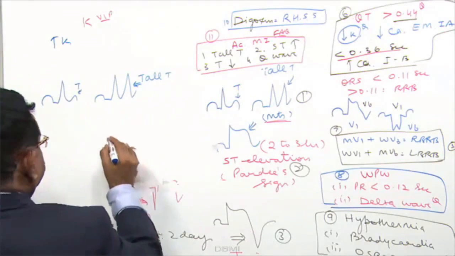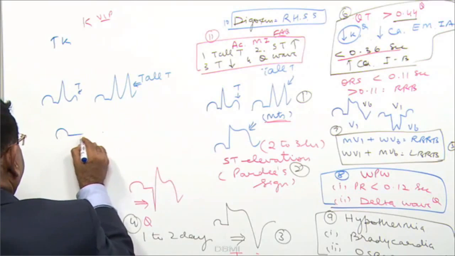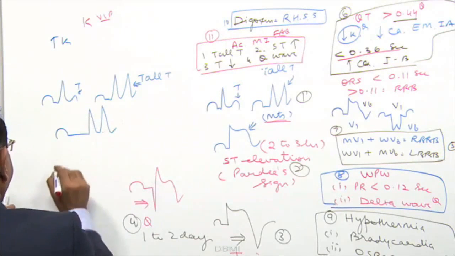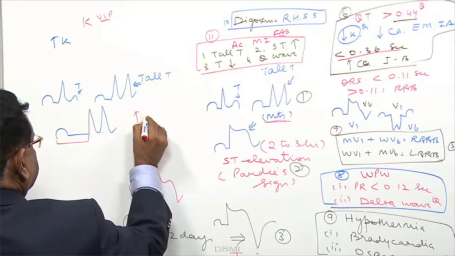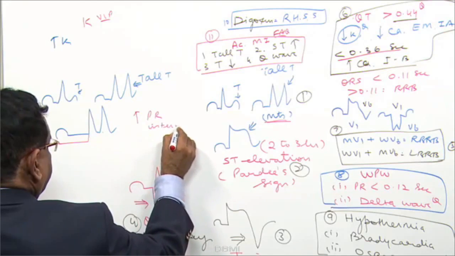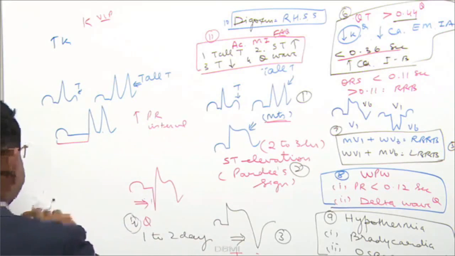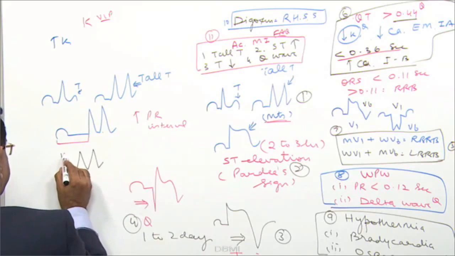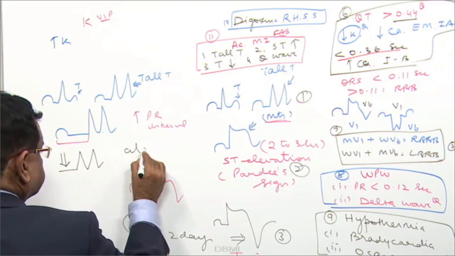Then comes the prolonged PR interval. Look, the PR interval has prolonged. Then with still more hyperkalemia, P disappears. The P wave has disappeared, and this we call atrial arrest.